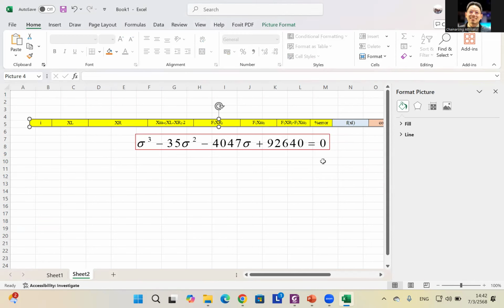This is a table. It's not necessarily the same. But in my opinion, this header of the table is very easy to remember.